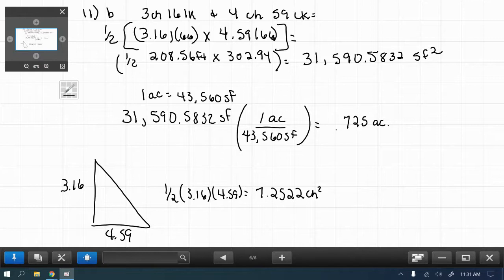Okay, so it gave me that. And then remember, I didn't even change it to feet. I'm gonna go straight from here to acres, and that would be 10 square chains is 1 acre. Okay, I want my answer in acres. These will cancel.